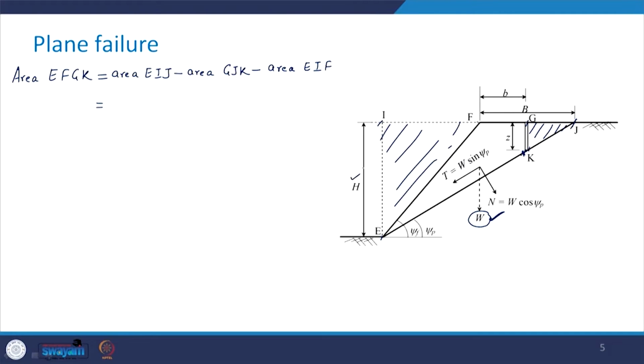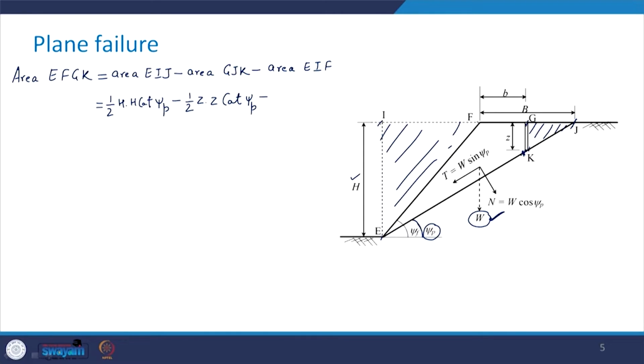Now, use simple trigonometry and try to obtain this area EIJ and see what we get. This height is H, and this angle is psi P. So, we will have half H into H cot psi P. Similarly, for GJK, the height of this triangle is Z, so I will have half Z into Z into cot psi P. Then minus area EIF.